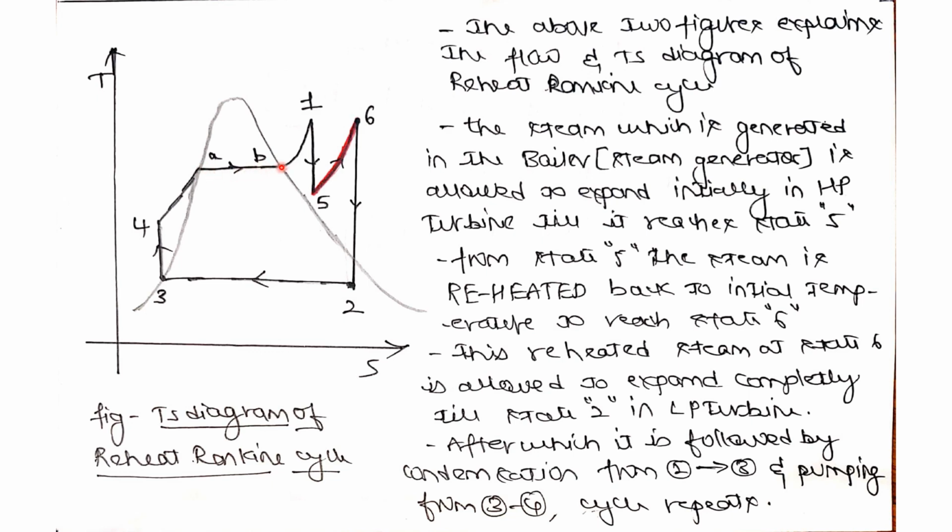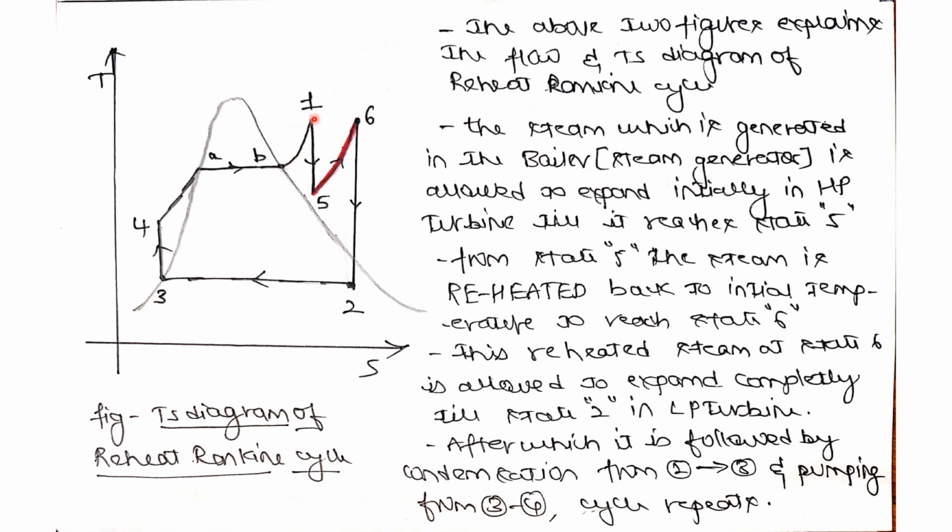That means it is completely converted into vapor, in the saturated vapor condition at state B. Once it has reached saturated vapor, you use the superheater to heat it further so that its temperature increases up to state 1. So this is what happens.